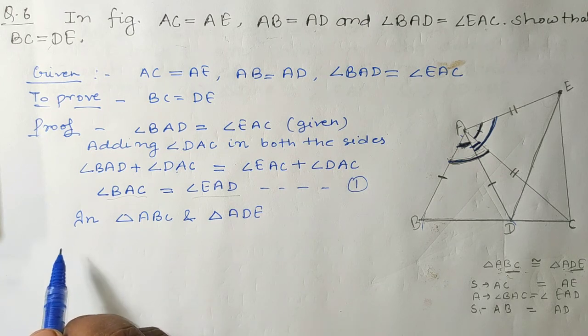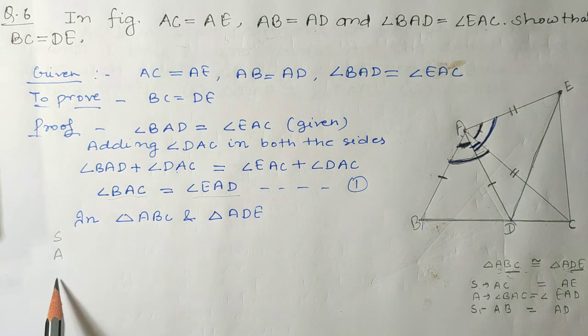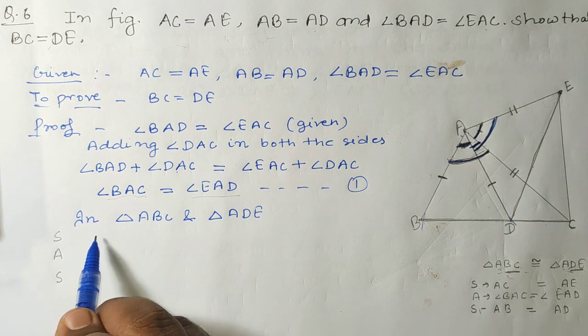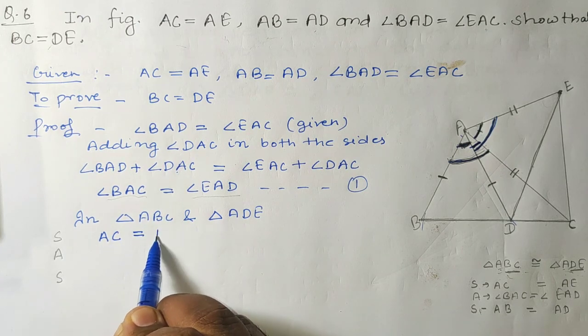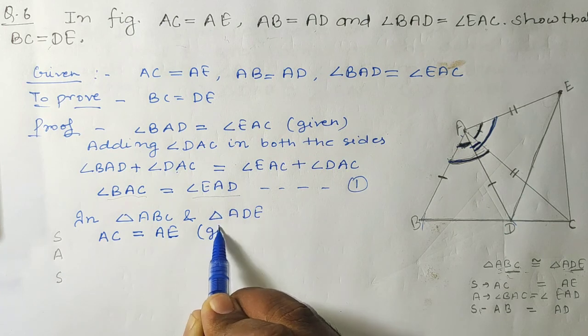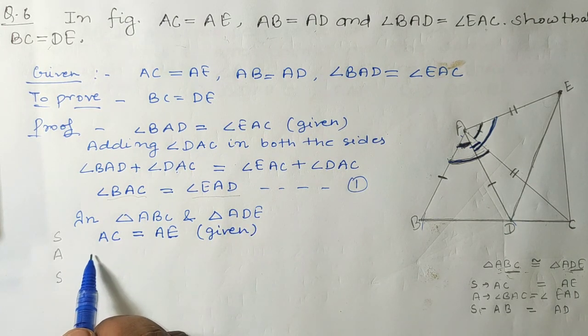Firstly we will write side, then angle, and then side. So students, at the place of side, firstly we'll write that AC is equal to AE. It is given.